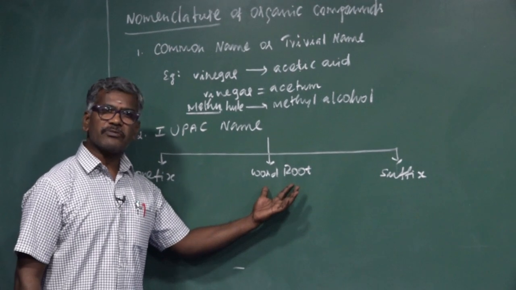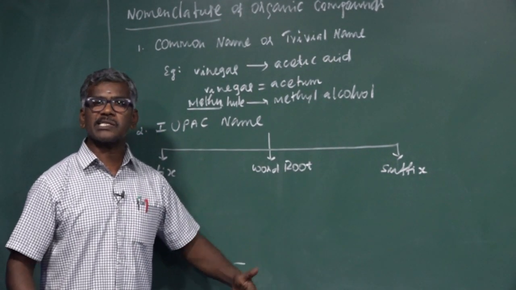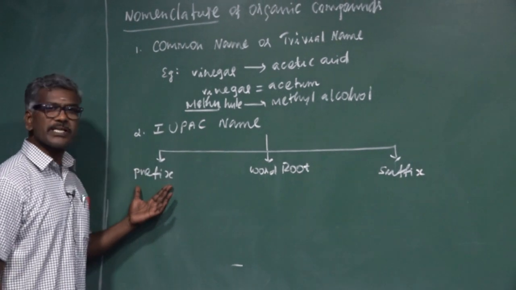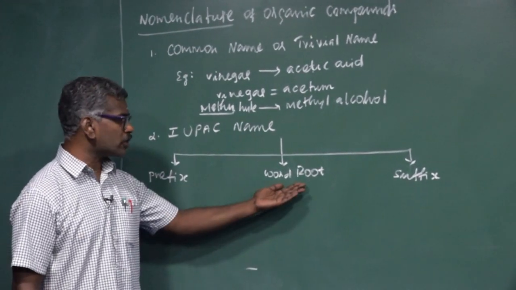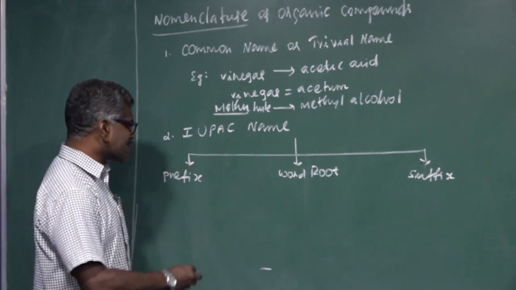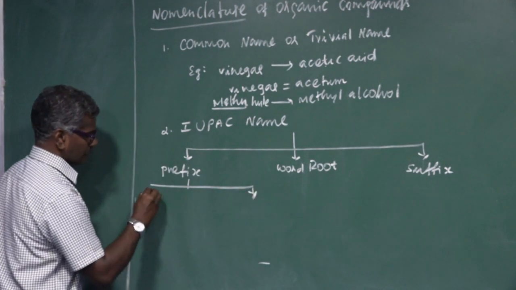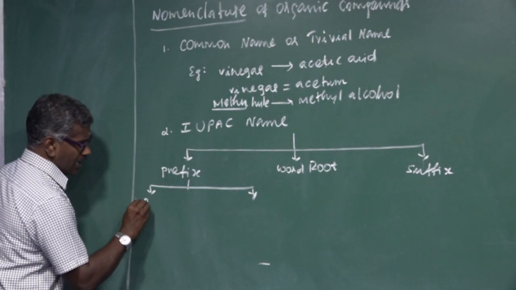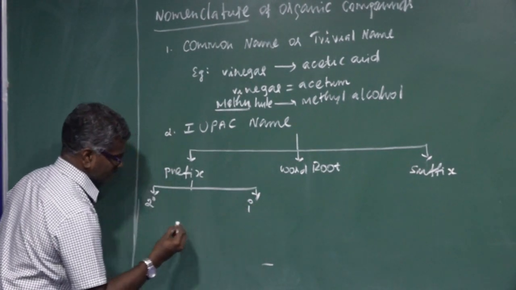What is the meaning of word root? The number of carbon atoms present in the longest chain. Another one is the prefix. A prefix is added before the word root. These can be classified into two types: secondary prefix and primary prefix.